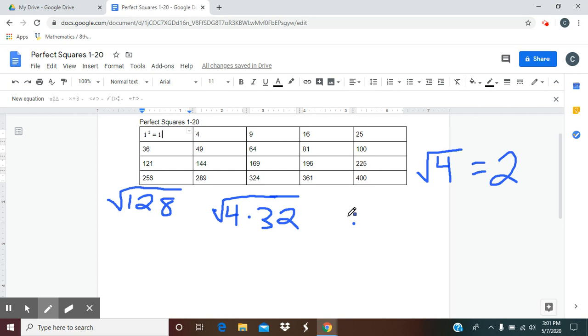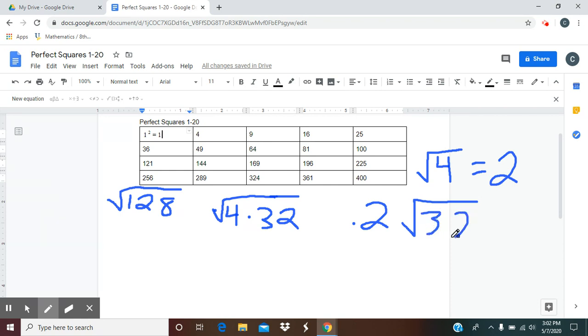So let me make sure I'm being clear here for you. In order for this process to be correct, you have to divide your number under the radical by its largest perfect square factor. So yes, 4 is a perfect square I was able to divide it by, but if I continue working the problem this way, I'm going to have 2 times the square root of 32.